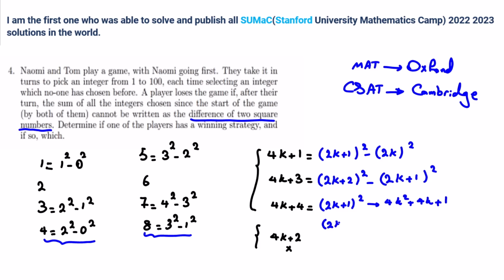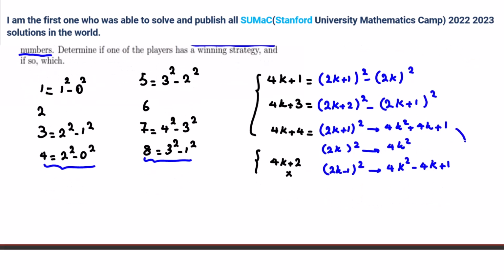Now 2k squared is what? It's 4k squared. The difference is 4k plus 1. 2k minus 1 squared is what? 4k squared, then minus 4k plus 1. The difference of these two things is 8k, right?